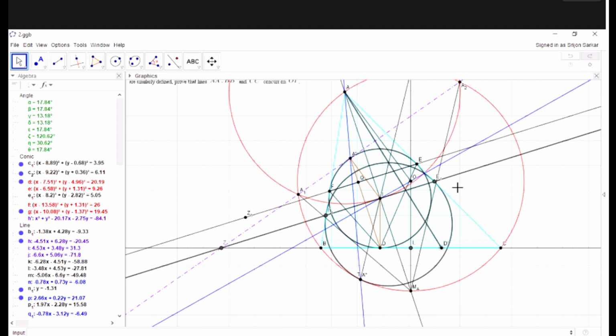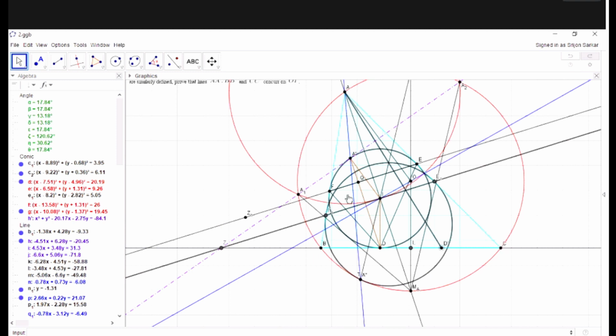So all these concur at the Nagel point, and the Nagel point lies on what? Nagel lines, the line joining the point A and D', where D' is the extouch point. Yes, you know, in excircles and everywhere it's there.